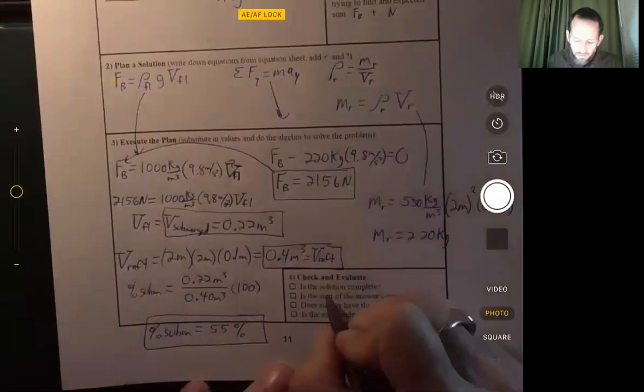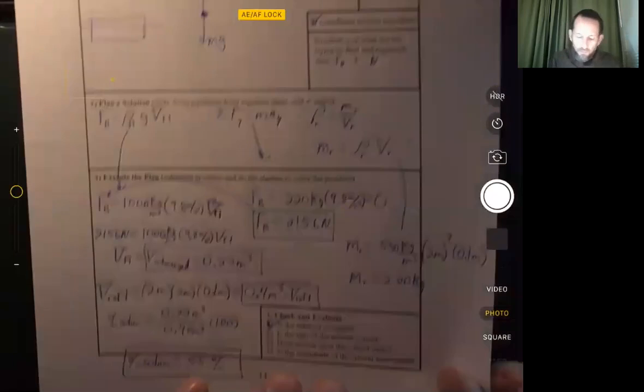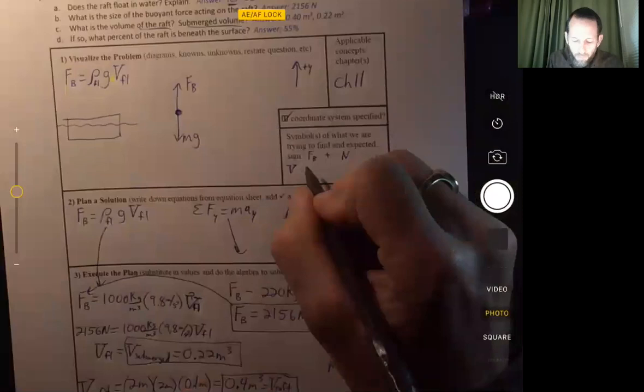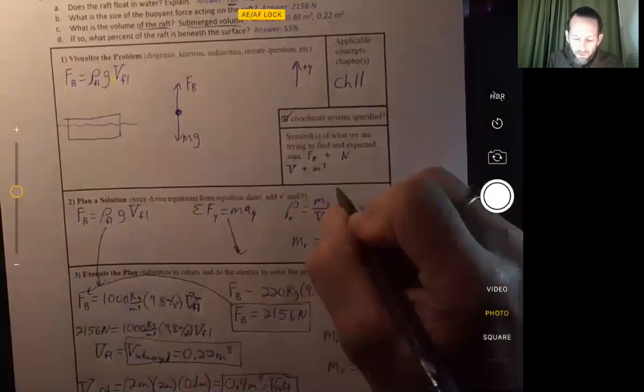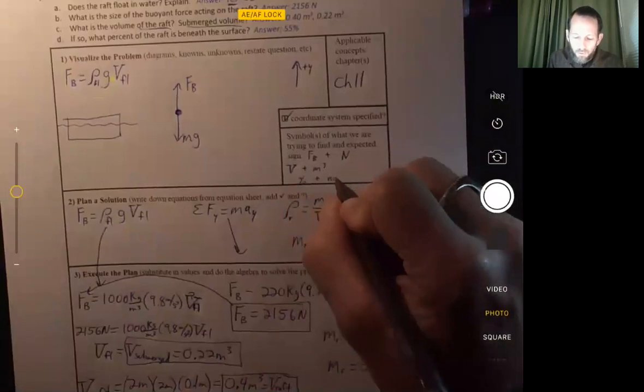Is it complete? Yes, it is. We answered all 4 parts. Are the signs of the answer correct? I actually didn't put these in here, but we expected our volumes to be positive and have units of cubic meters, and our percentage to have a positive value and no units.